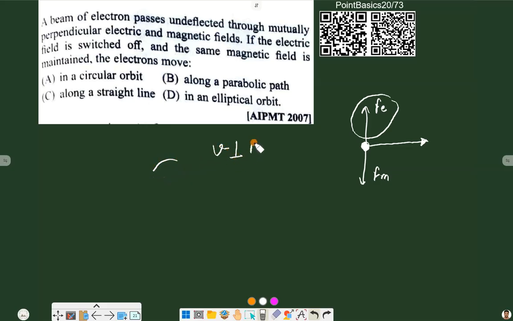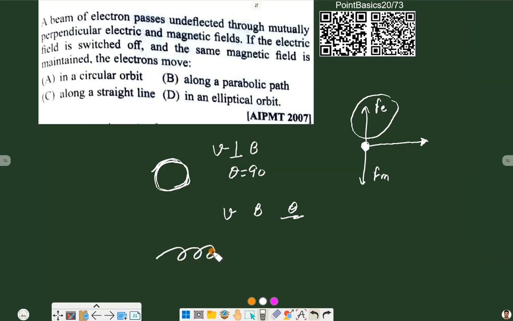If velocity is directly perpendicular to magnetic field and their angle is 90 degree, then it will keep rotating in circular form. And if velocity and magnetic field have some angle theta which is greater than 0 and less than 90, then its path will be something like this.